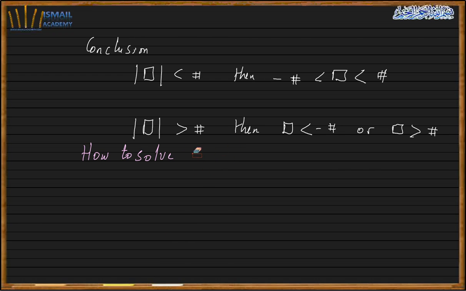Absolute value inequality is the same thing as inequality, and in inequality we have three types: we have contradiction, we have identity, and we have conditional inequality. So before we solve an absolute value inequality, we need to make sure what type of statement we have. Is it a contradiction statement, identity statement, or conditional statement?